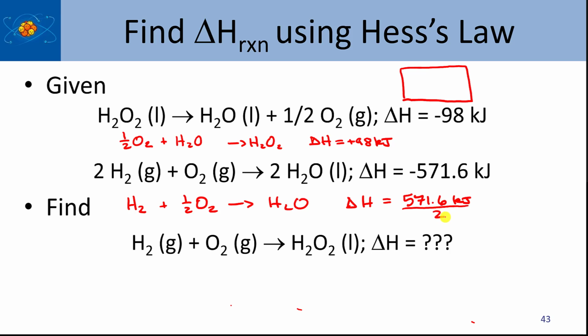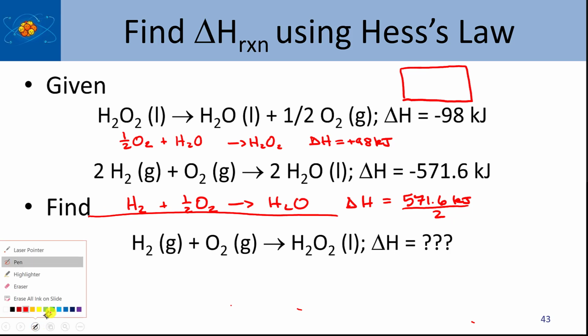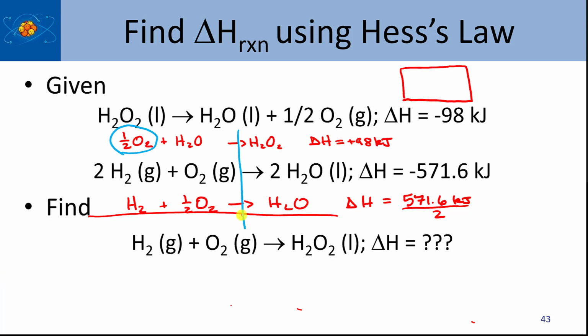Okay. So what happens when I add these two together? When I take the red reactions and add them together, let me change my pen color really quick. Then what happens is that 1/2 O2, now think about it like this, put a line here, we're just looking at the red reactions, right? The 1/2 O2 adds with this 1/2 O2, so I get an O2 in this reaction. And then the H2 comes down from here, so I have an H2.